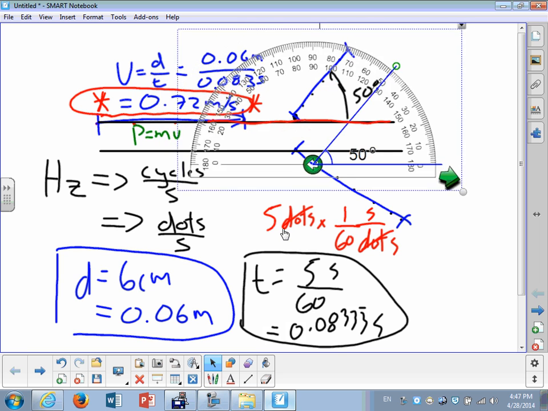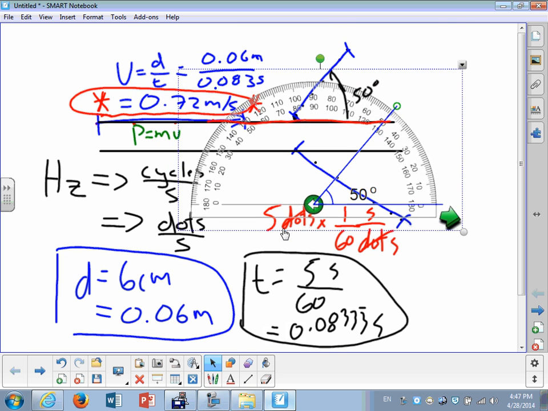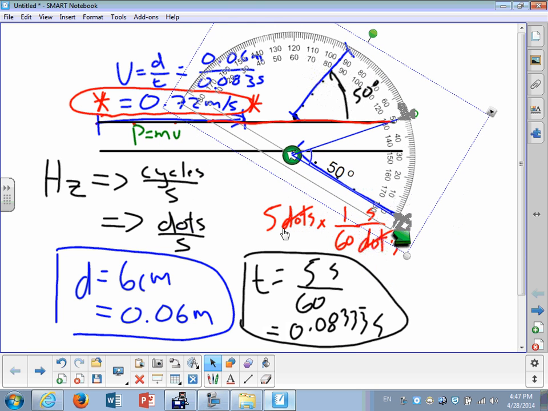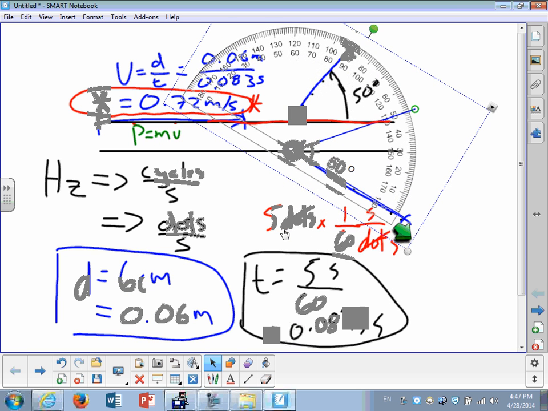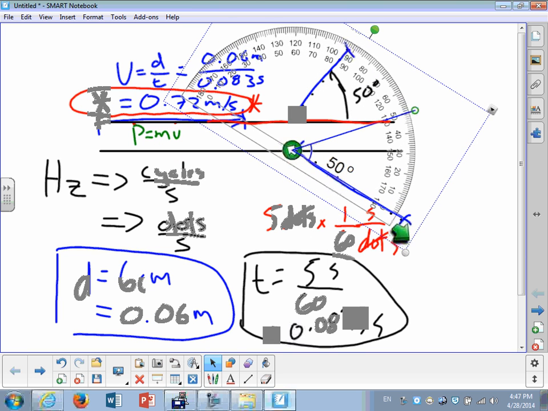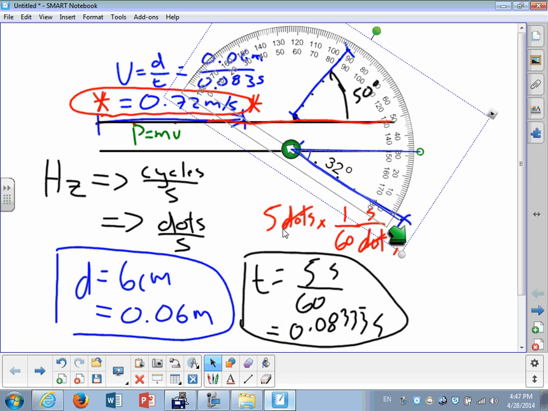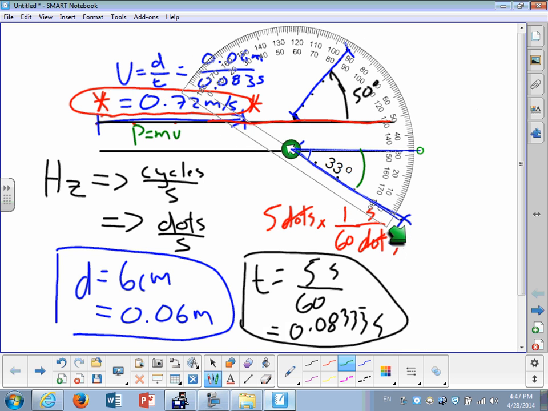Now we need to find this one. So there's a couple different ways we can rotate this so that we're parallel there. Let's rotate a little bit more. There we are. Now I'm just going to, again, have a look at it here, see where things line up. And this one is approximately 33 degrees.